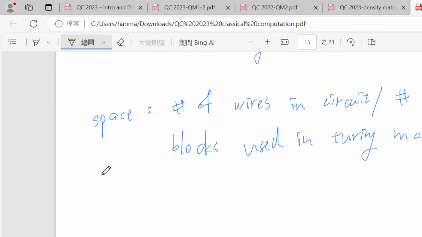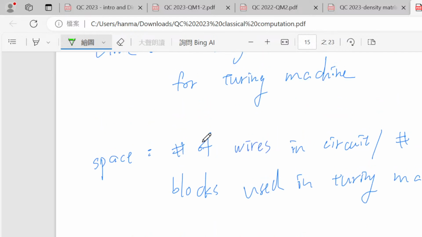And then there is space. Space is also a pretty good concern. So in your computer, it means how much RAM and disk size you need to have on your computer to solve your problem. In a circuit, it means how many wires you need to put in your circuit to solve the problem.